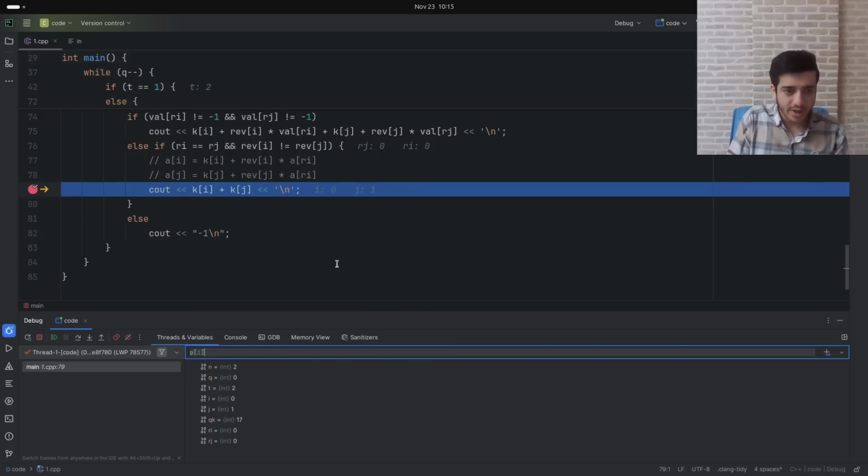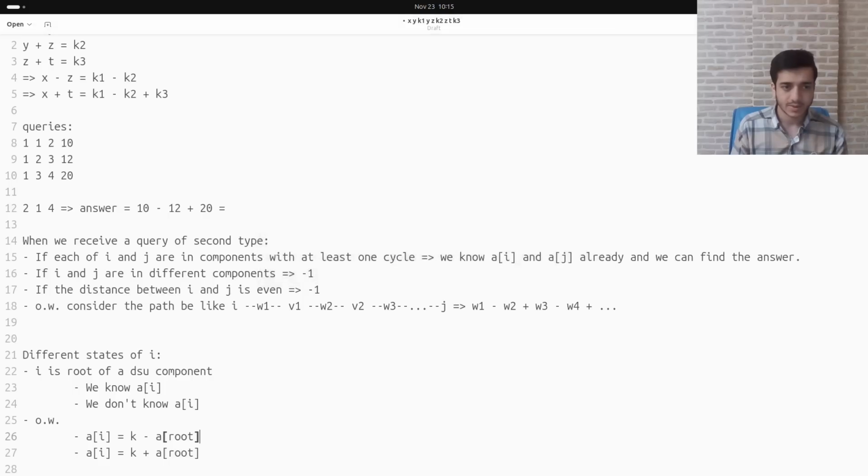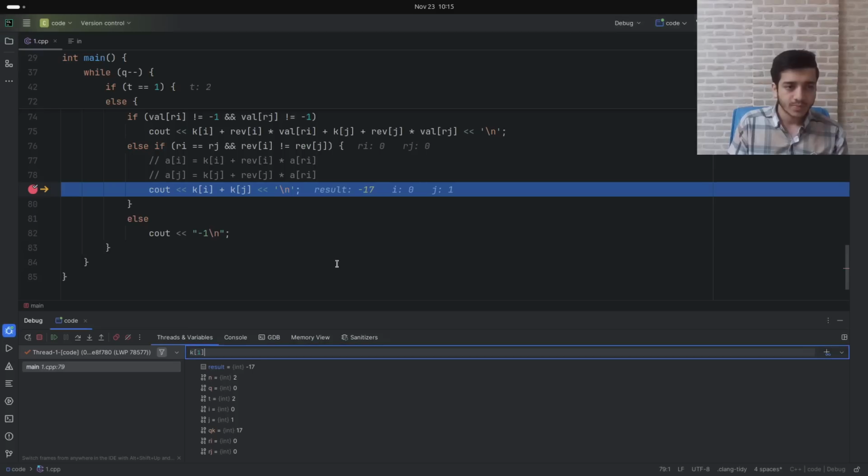Let's find parent of 1, which is 0, and parent of 0, which is -1. They are correct. So the root is 0. That is correct. So k of 0 should be 0, and k of 1, it's -17. So it's saying that, okay, and what is rev?